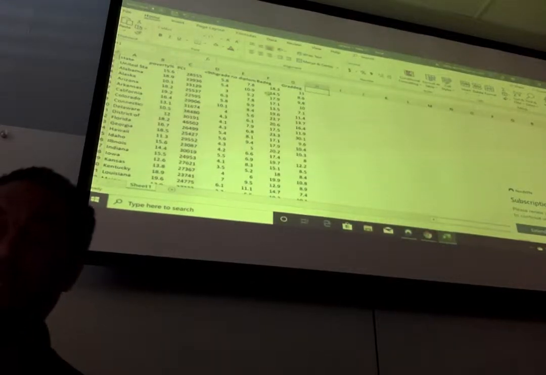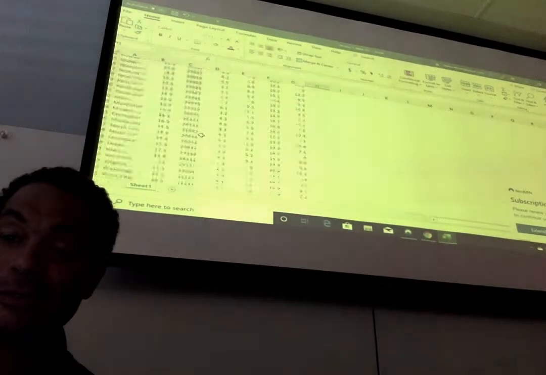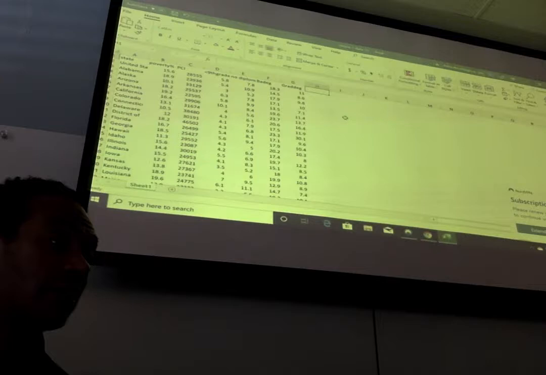Okay, now we have good titles for headings for our columns, and we can find the high and low for each of these categories, for each of these variables, I should call them.